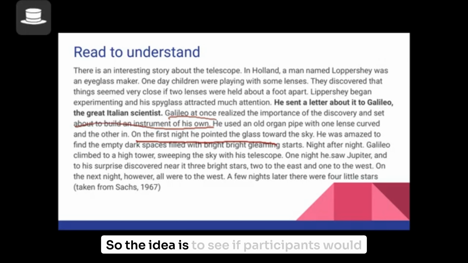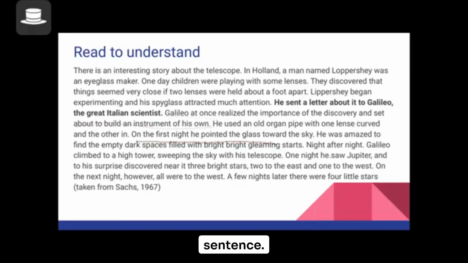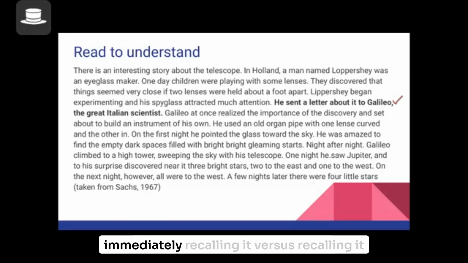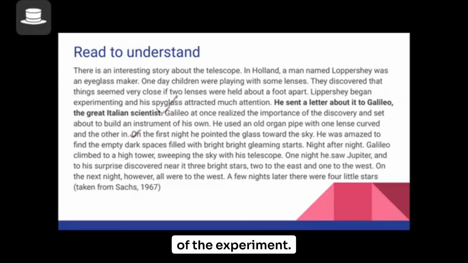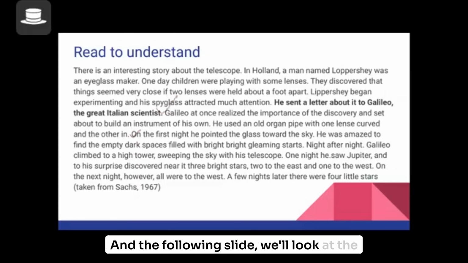So the idea is to see if participants would accurately remember the exact nature of the sentence, and if it differs as a function of recalling it immediately versus recalling it after reading something else related to the text. In the next slide, we'll look at the parts of the experiment. And in the following slide, we'll look at the results.